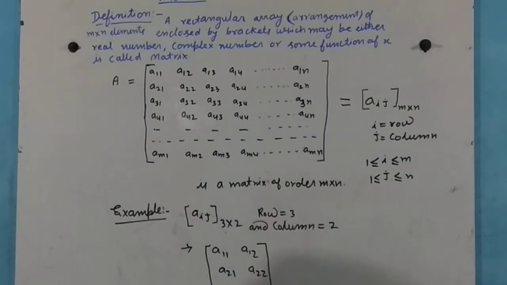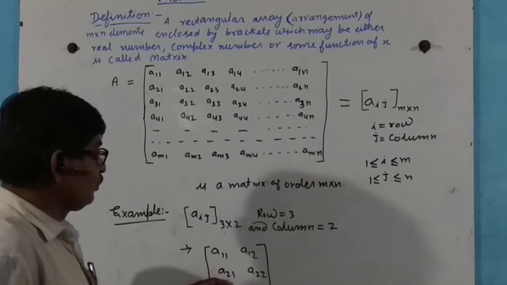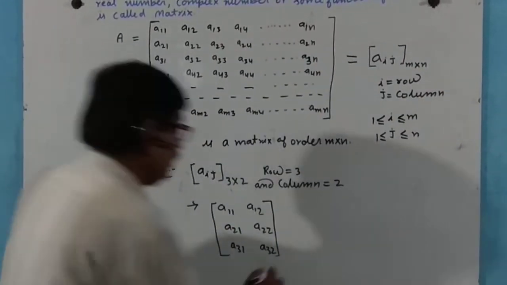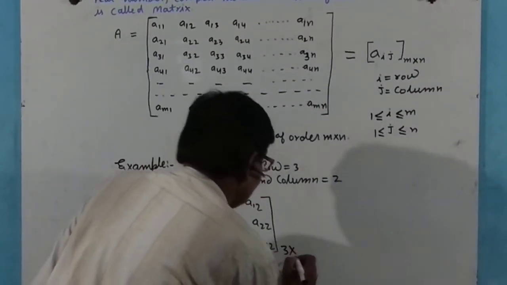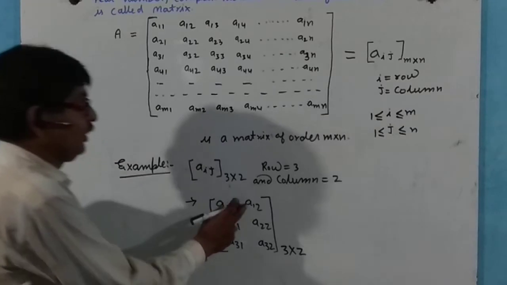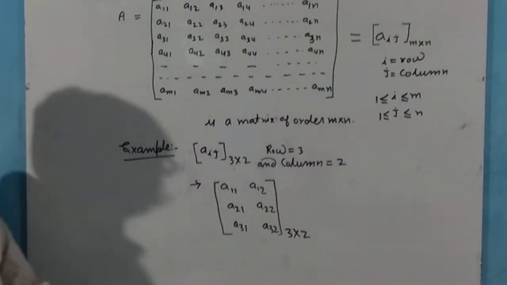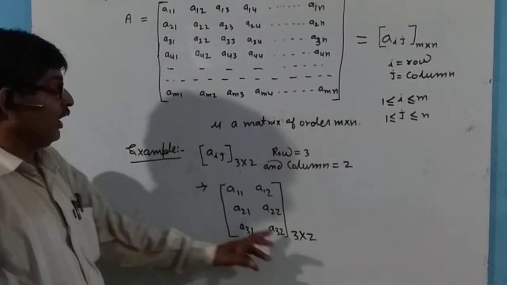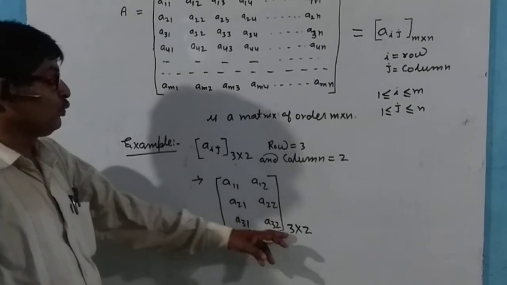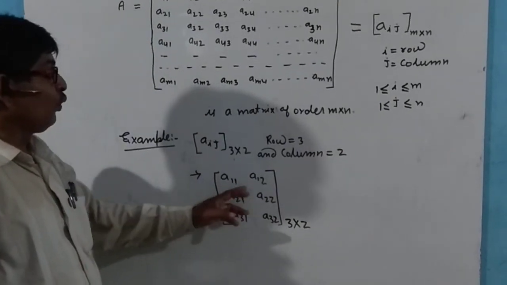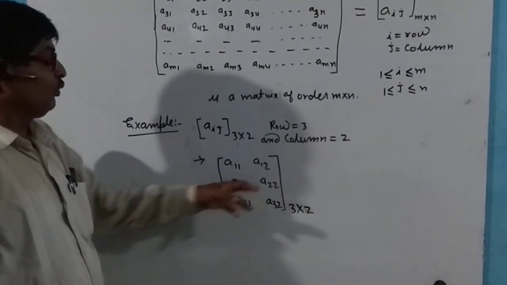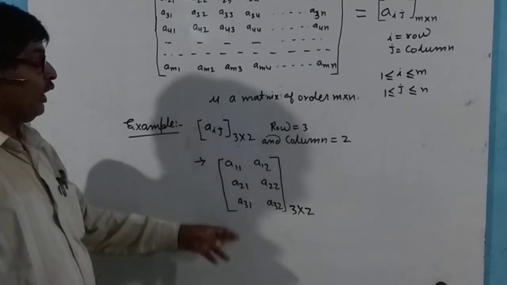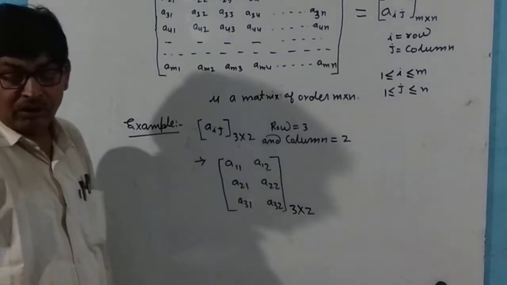In this case, there are 1st row, 2nd row, 3rd row, and 2 columns, 1st and 2nd.